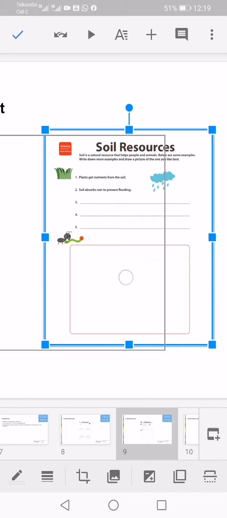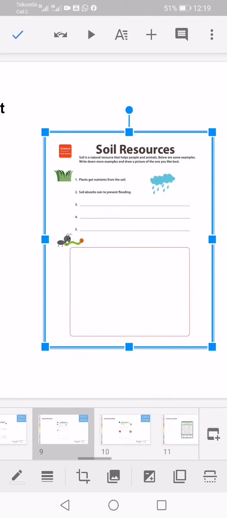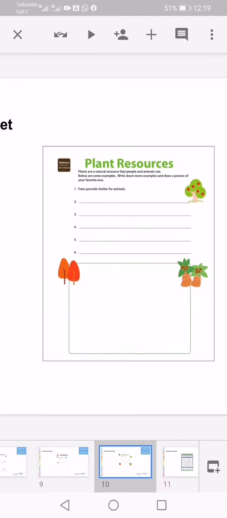If we move on to the next slide, that's slide 10. It's a picture on plant resources. Plants are natural resources that people and animals use. Below are some examples.